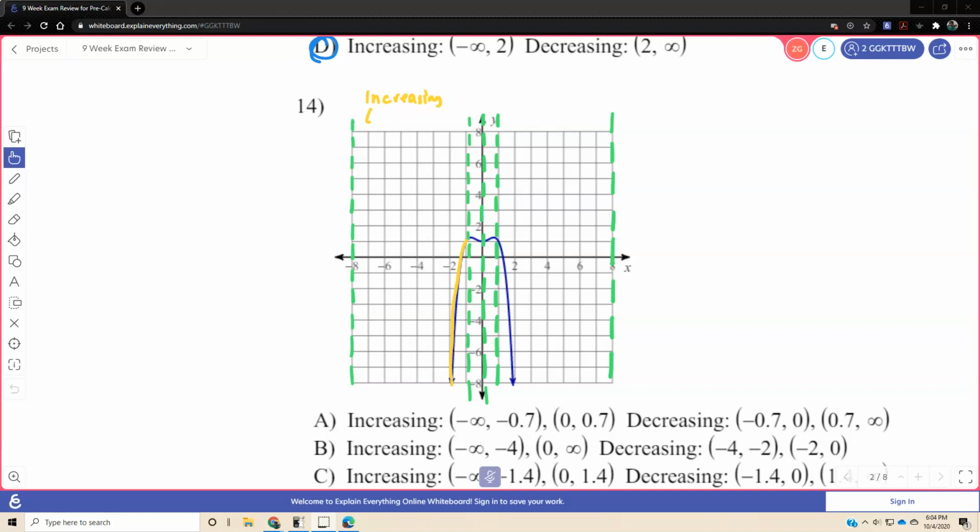goes from, of course we're talking about from negative infinity, and it stops right at negative 0.7, increasing. And then right here it starts increasing again here from 0 to, so I'm going to put a union, 0, comma, it looks like 0.7 also.